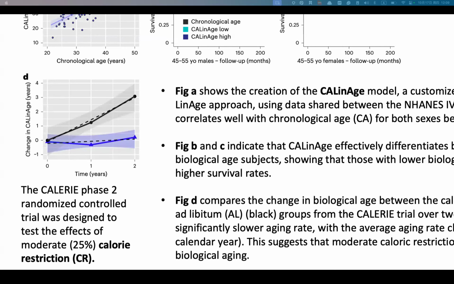I think this line suggests you can be a little bit younger, but overall you still get older. But if you are on a diet and you do exercise, then your aging process becomes much slower.